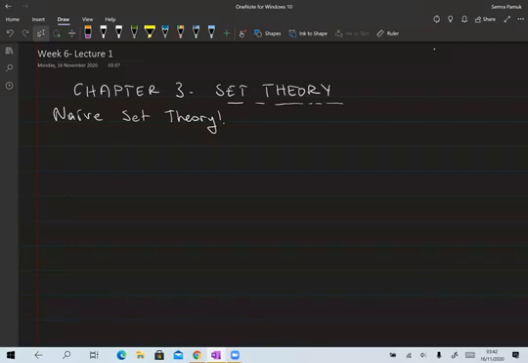A collection of elements. We are going to define the set like this. I say definition, but it is not a rigorous definition. A set is a collection of objects.